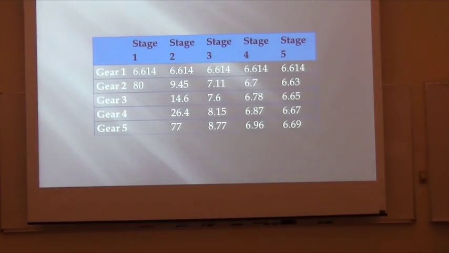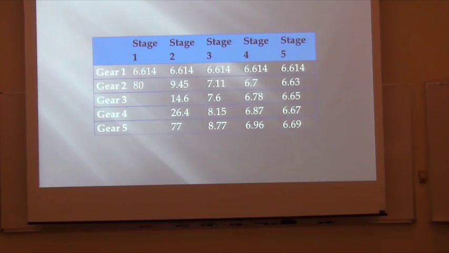For our gear system, these are the gear ratios and the gears we use as radii. For the first sun gear we have 2 satellite gears, so the satellite gears are 6.614 and 18.